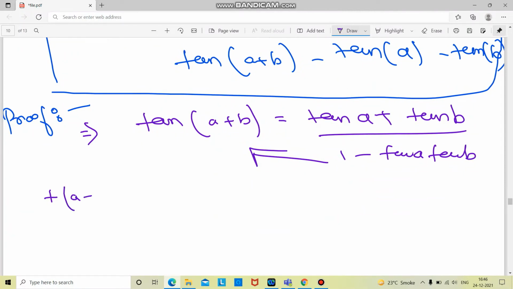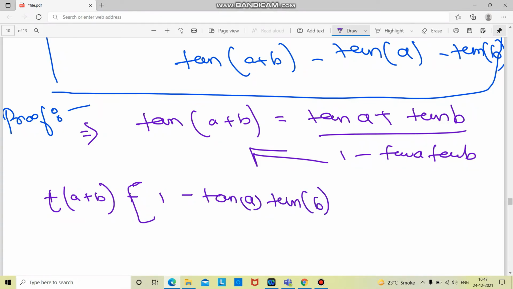Cross multiply this. Tan of a plus b multiplication 1 minus tan a tan b is equal to tan of a plus tan of b.